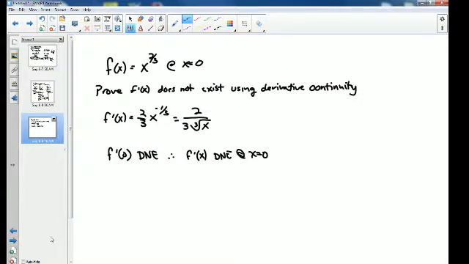Okay. What if we were to use the left and right limits? What would that look like? Think about, I'm plugging 0.001 in here, negative 0.001, right?